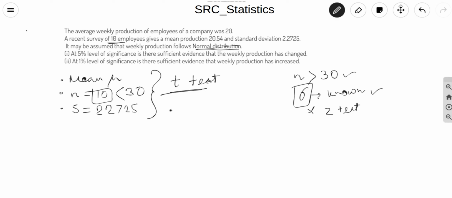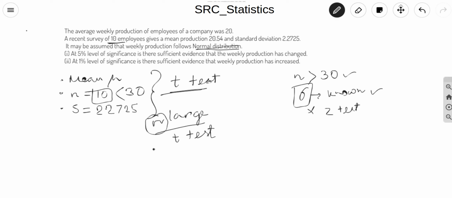If n is large, then we can use t-test even if the population distribution is not known to us. It may be normal, it may be a skewed distribution, but we can use t-test if the sample size is large.